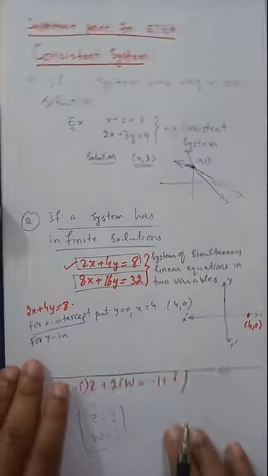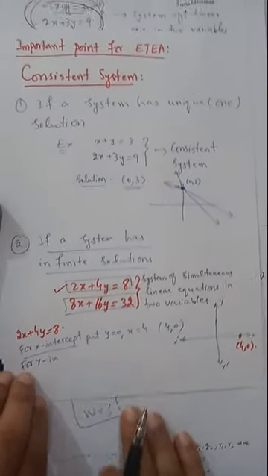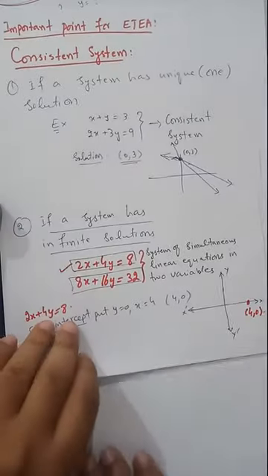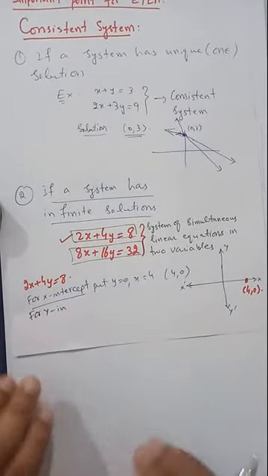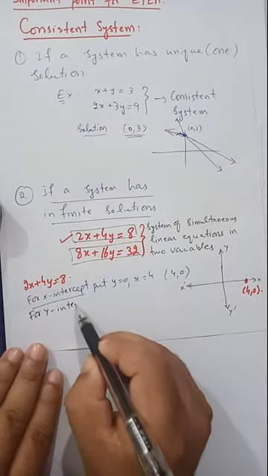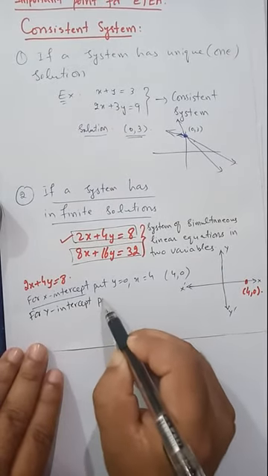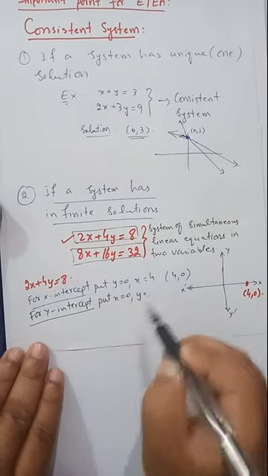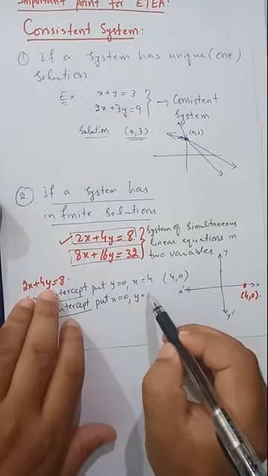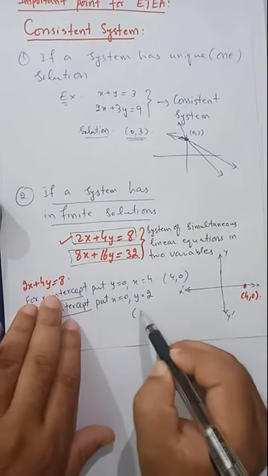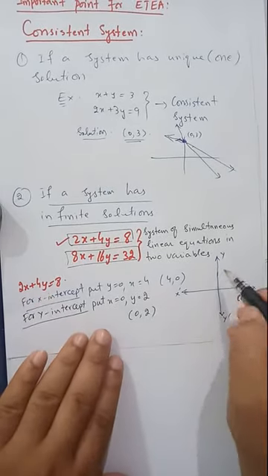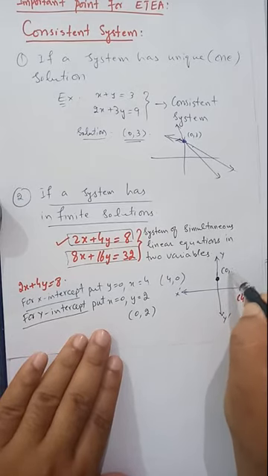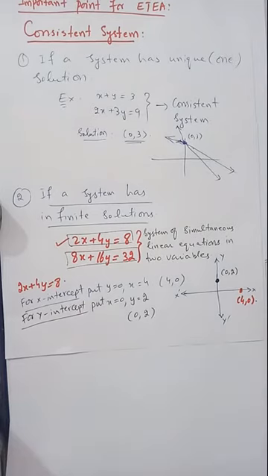For the y-intercept, put x equal to 0, so y will be equal to 2. So (0, 2) is your y-intercept. Let's say this is (0, 2). So this is the y-intercept.